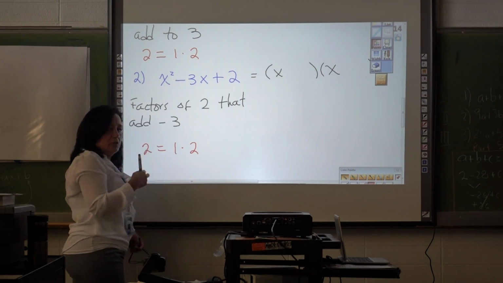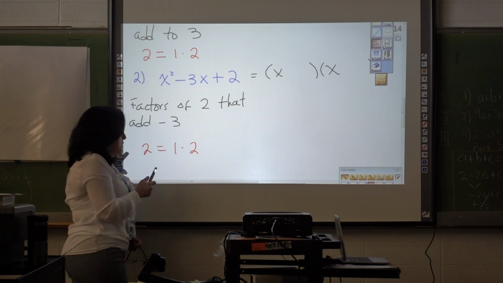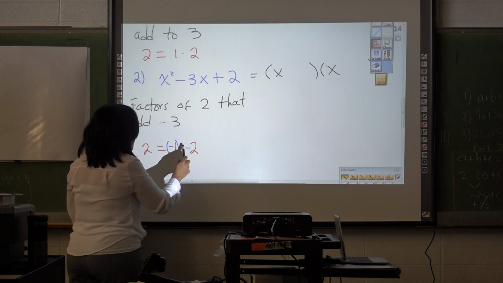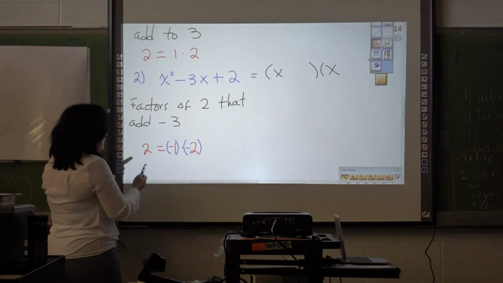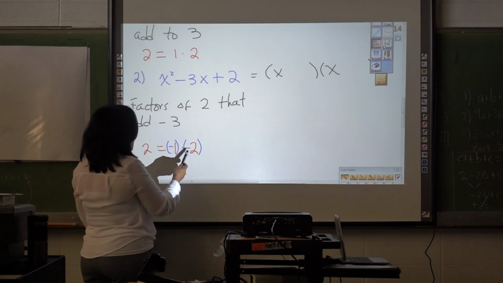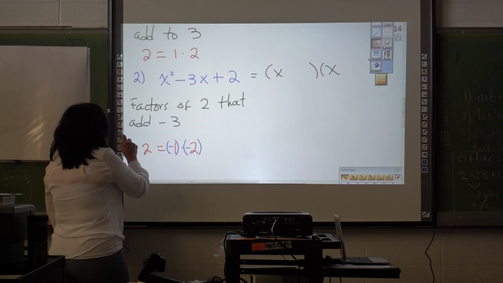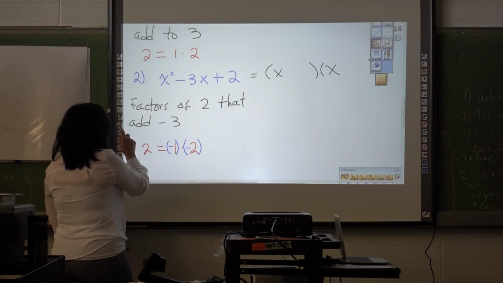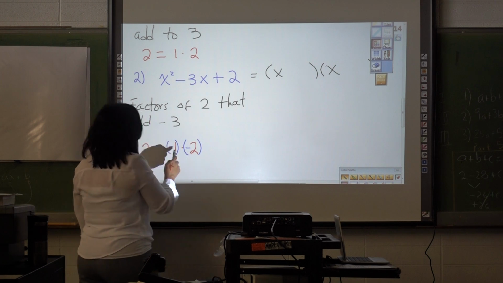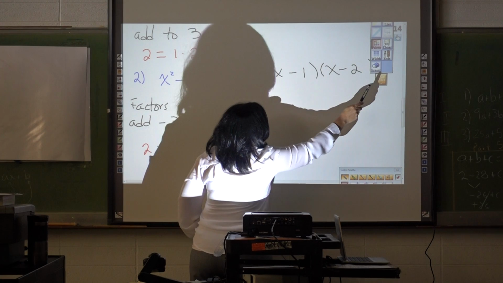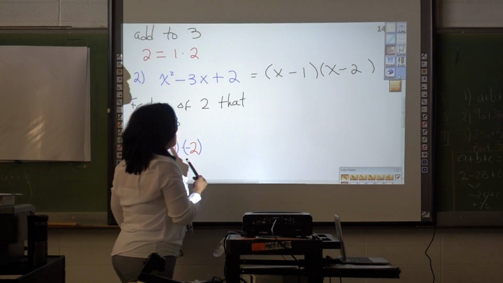No. Then the other situation has to be both negatives. See? Negative 2 plus negative 1 is negative 3. So the only thing I have to do is put it right here, negative 1, negative 2. And that's the answer.